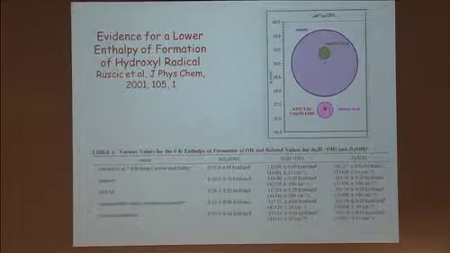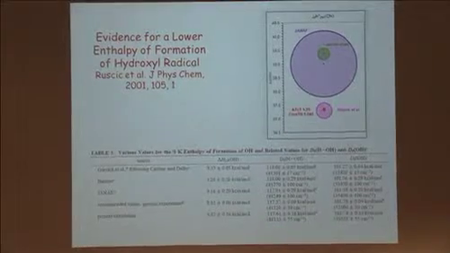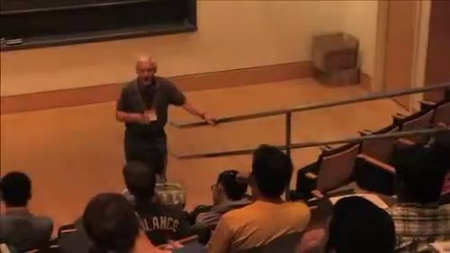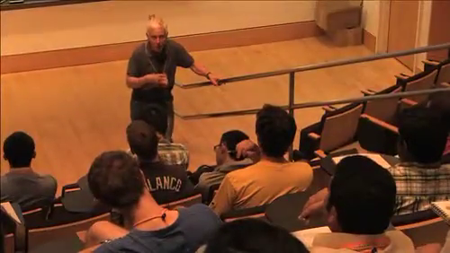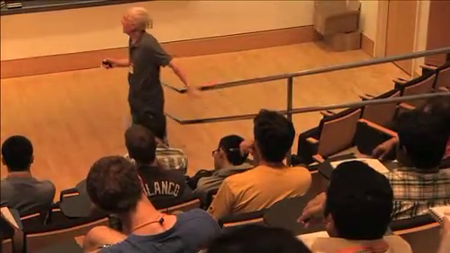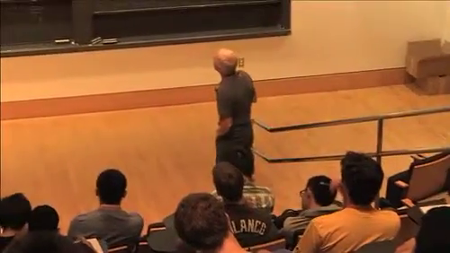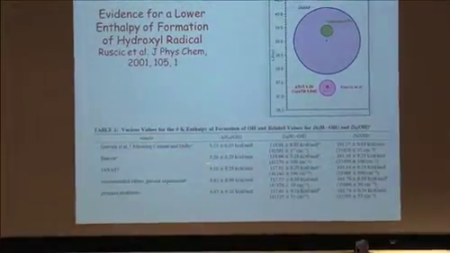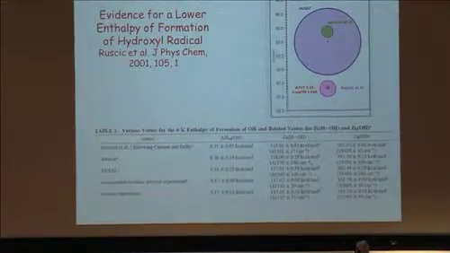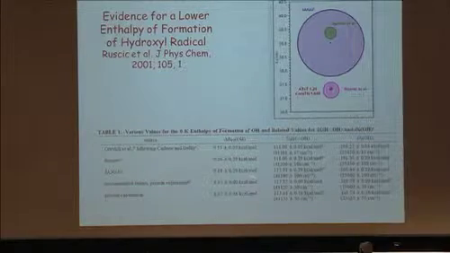But the methodology was really very good. But it turns out that it wasn't quite good enough. And so these are the values that came out of the spectroscopic measurements. These are the JANAF tables, which is a big tabulation of thermodynamic data.